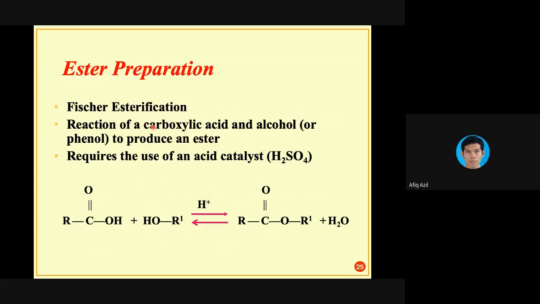The reaction of a carboxylic acid and alcohol, or phenol, will produce an ester. It also requires the use of an acid catalyst. Here, as I mentioned earlier, H plus, in the form of sulfuric acid, H2SO4.